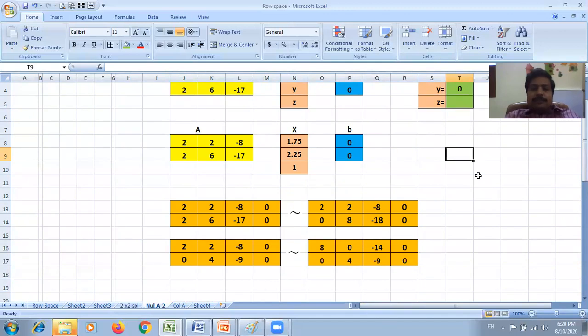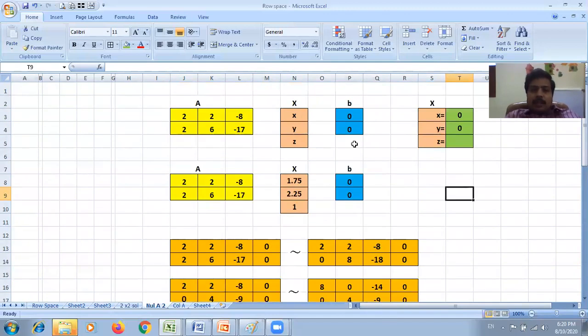So here we have added one more variable z. Now this is a 2 by 3 matrix. We have 2 rows and 3 columns.